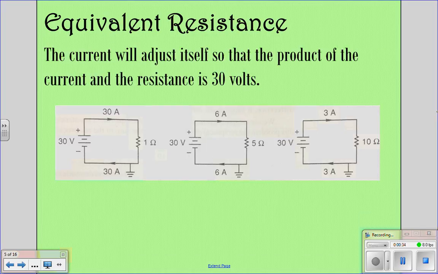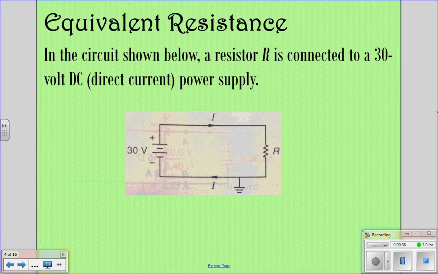And then it says that the current that flows into the circuit is going to depend on the resistance of the resistor R. Okay? So whatever the resistance R is here, that is going to determine what the current that flows into the circuit will be.